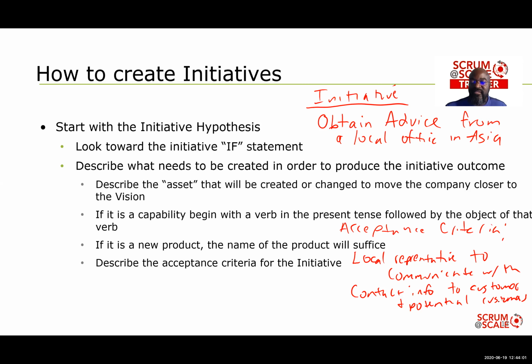All right, what else would I need to know that our customers can successfully obtain advice at a local office in Asia? Not only should they be able to contact the representative, but there should be a knowledge expert at the local offices.